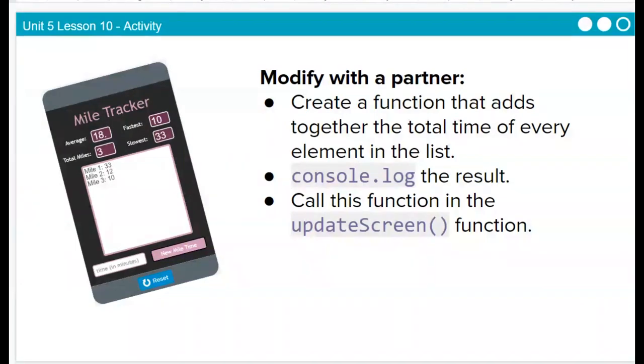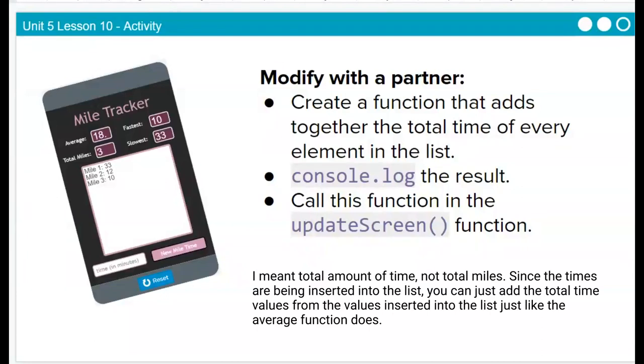And they want you to console.log the result of the total time. In the average function, there is a place where there's a total number of miles. You can utilize that code inside of the update screen code in order to create the code that you need.